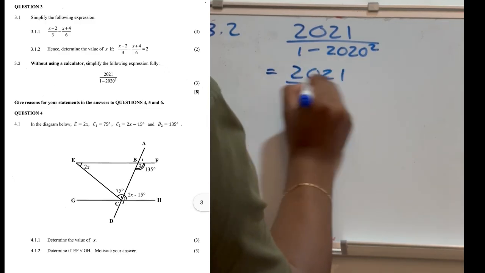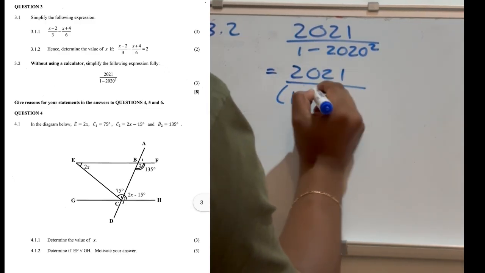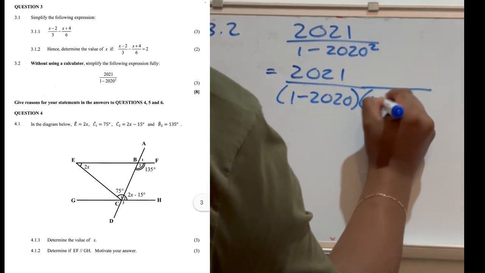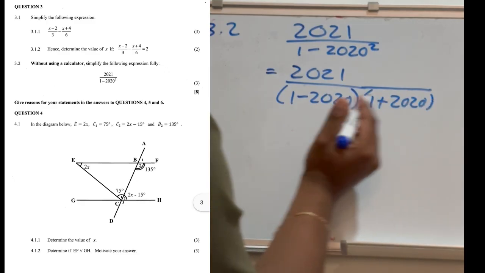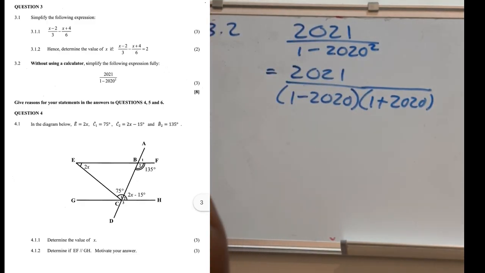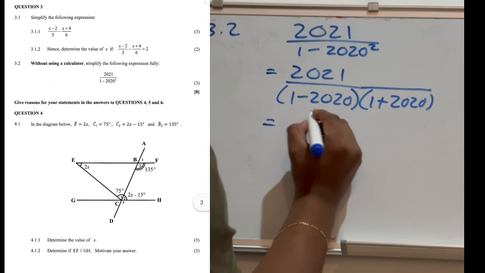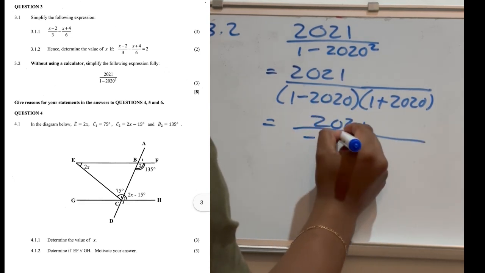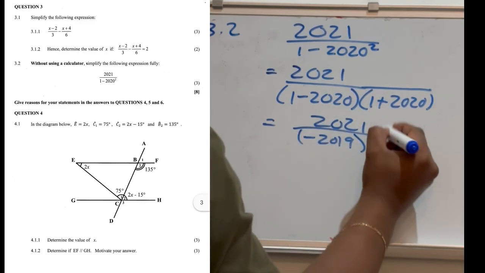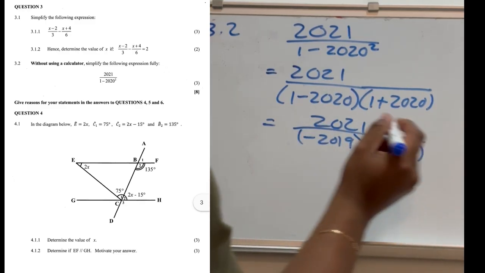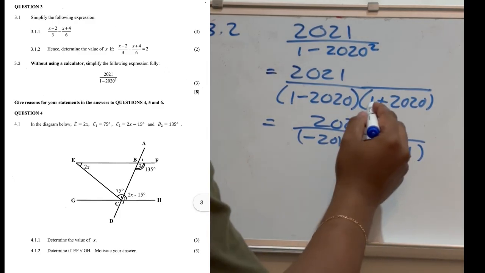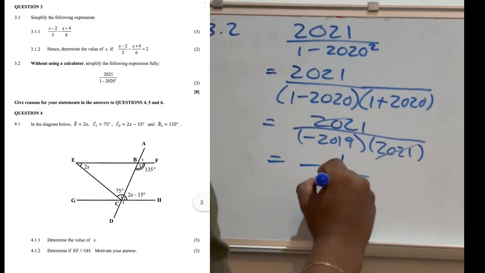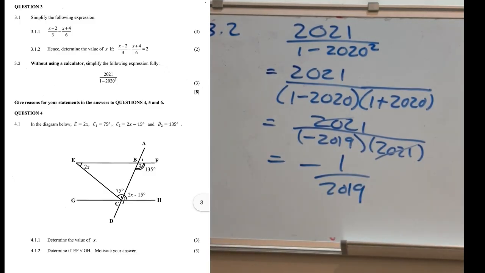So 2021 over, if you say that's 1 minus 2020 squared, difference of squares, then you can say (1 minus 2020)(1 plus 2020). You see there? Difference of squares, we factorize that at the bottom. So then this becomes 2021 over minus 2019 times 2021, because 1 plus 2020 is 2021. So these two cancel out, then your answer is just minus 1 over 2019.